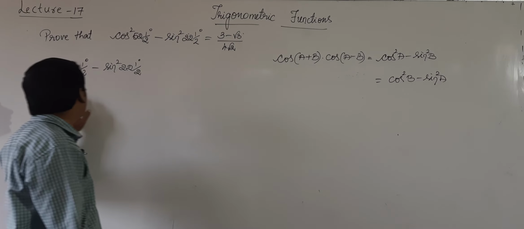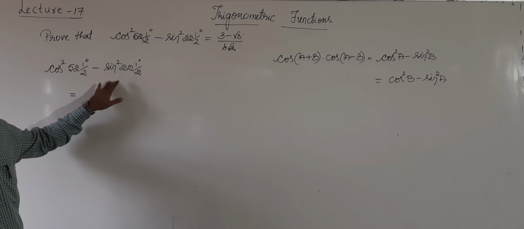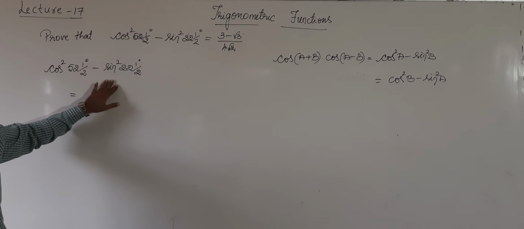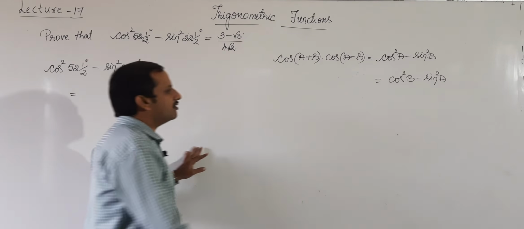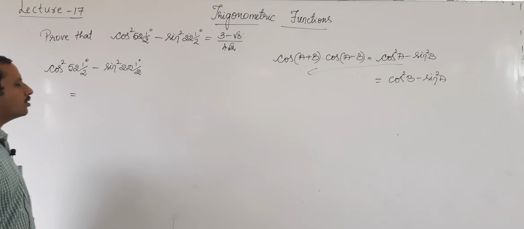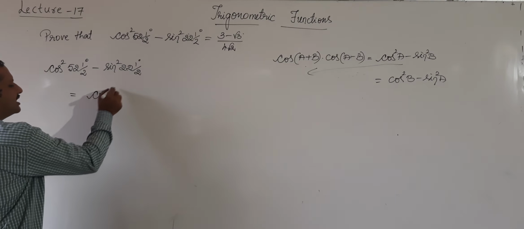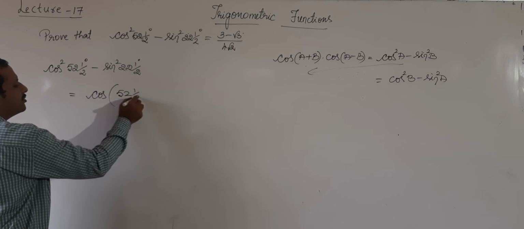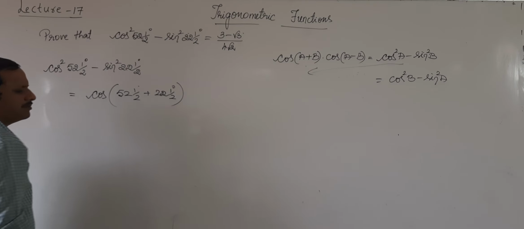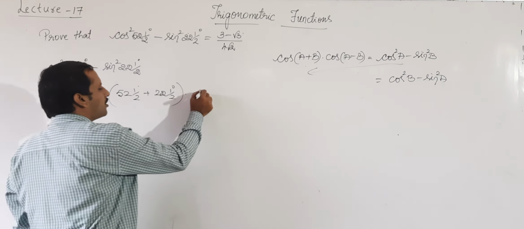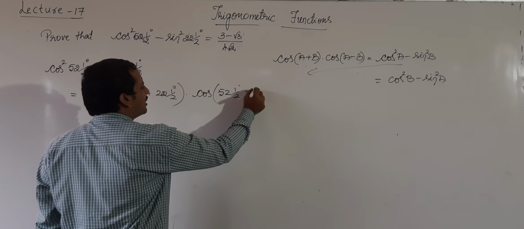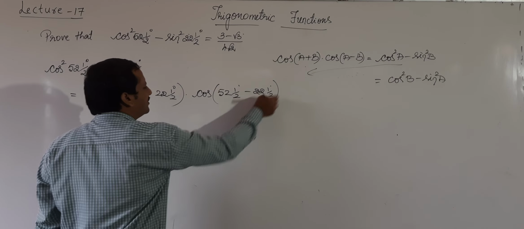Now, look at this given problem. Does it look like cos square A minus sin square B? Cos square A minus sin square B is equal to cos of A plus B into cos of A minus B. So, I can write this as cos of A plus B, where A plus B means 52.5 plus 22.5, into cos of A minus B, where A minus B means 52 and a half minus 22 and a half.